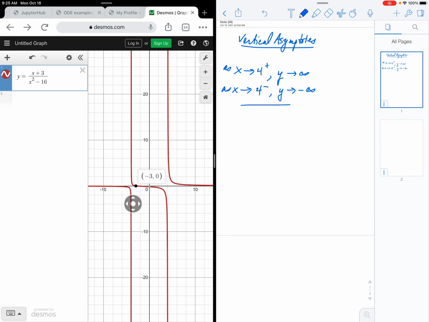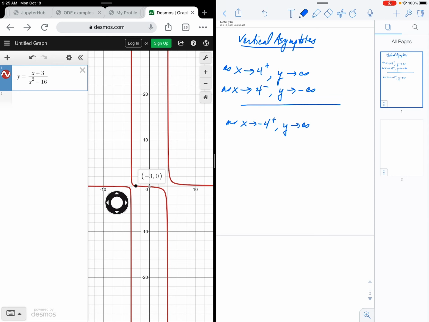So we write, as x approaches negative 4 from the right, y approaches infinity.